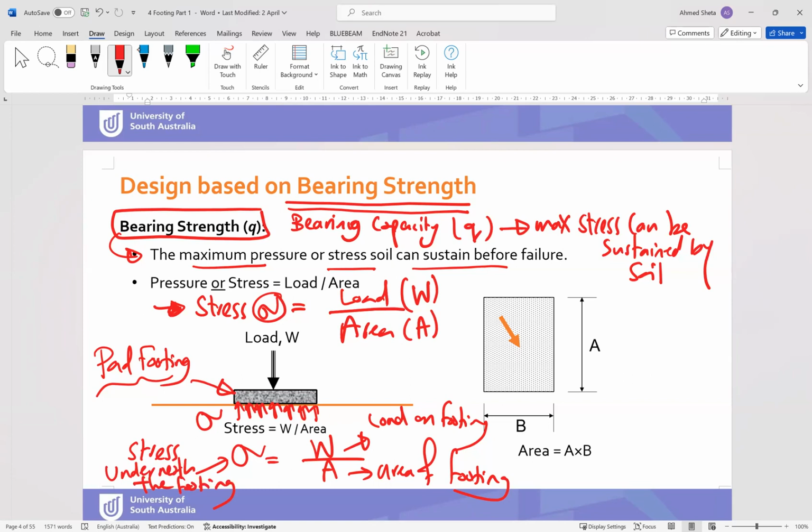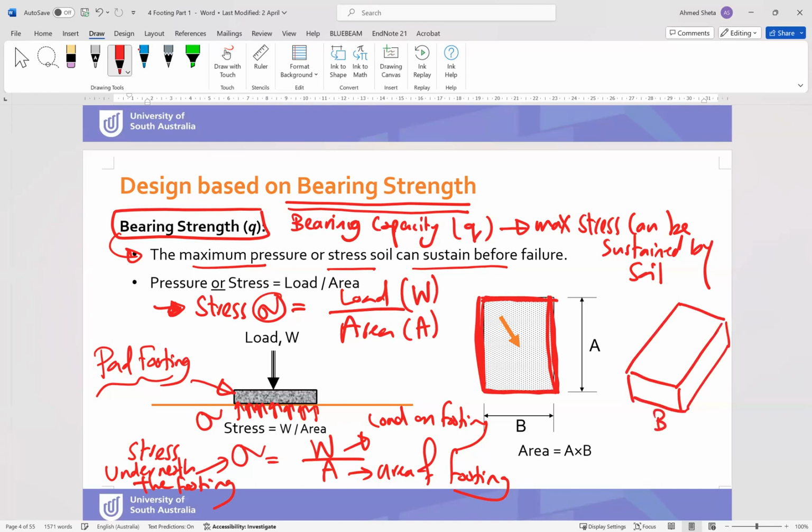Okay, so this is the equation or the formula we are using. For example, this is our footing in plan, and this is our footing in 3D.